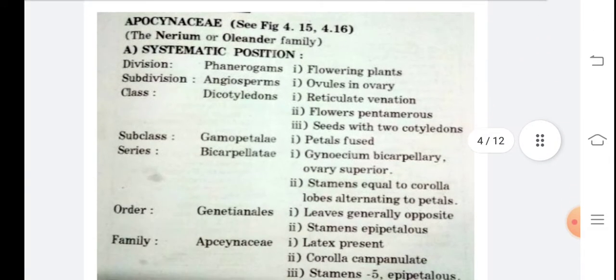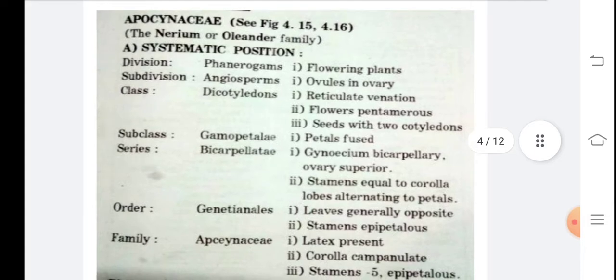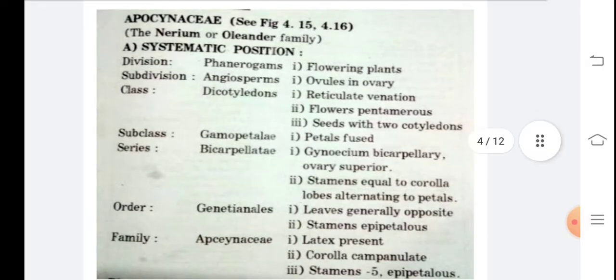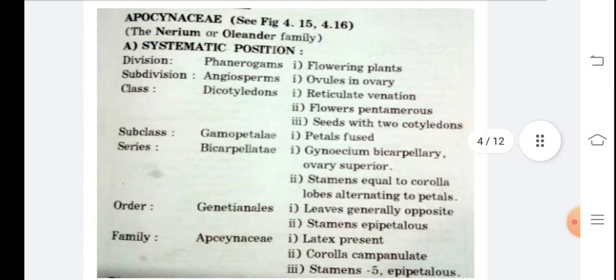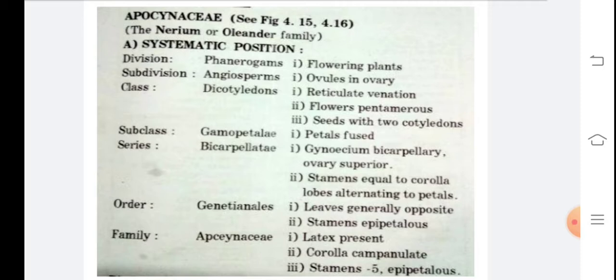About the classification of this family: division Phanerogams, subdivision Angiosperm, ovules in ovary, then class dicotyledons, reticulate venation, flower pentamerous. Now you are knowing how the classification is given: division, subdivision, class, and it comes under subclass Gamopetalae. Up to this it is important.